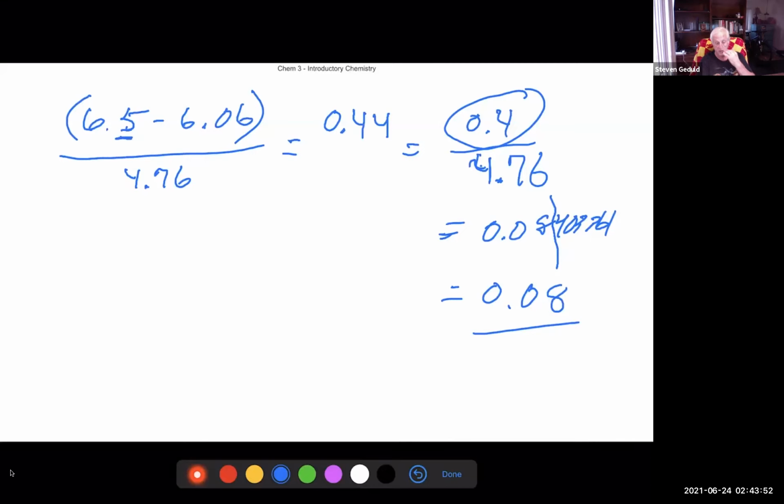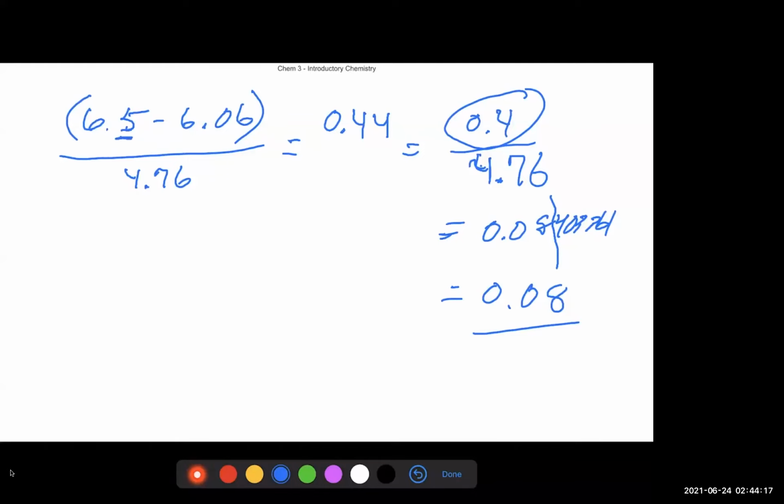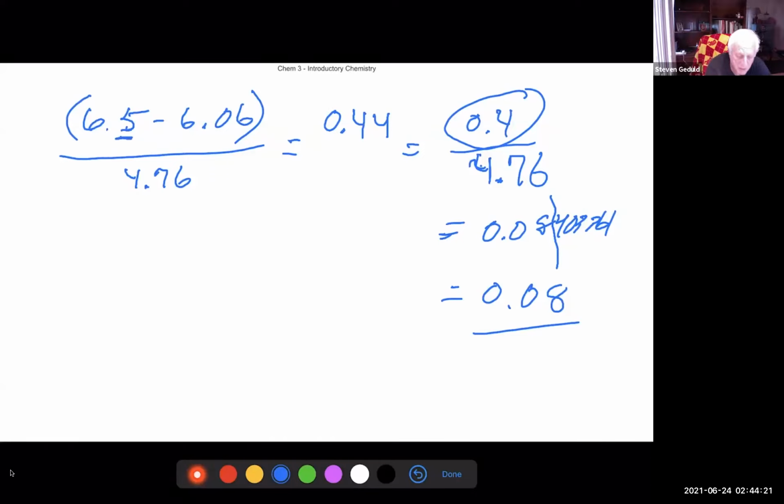Okay. What does it say? It says, you may find this list of rules for significant figures following subtraction and division helpful. Do not round your answer until the very end of the calculation. Oh, they want you to do the whole thing, then round at the end?